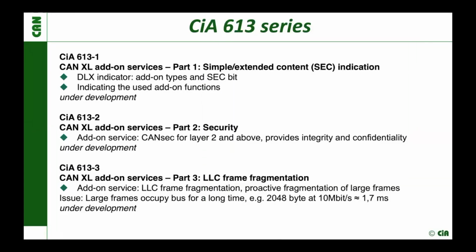Then the next is the CiA 613 series. Here the CAN XL add-on services are specified. They can be added transparently, concatenated and independently. Planned add-on services include security functionality, and the other one is the LLC frame fragmentation.